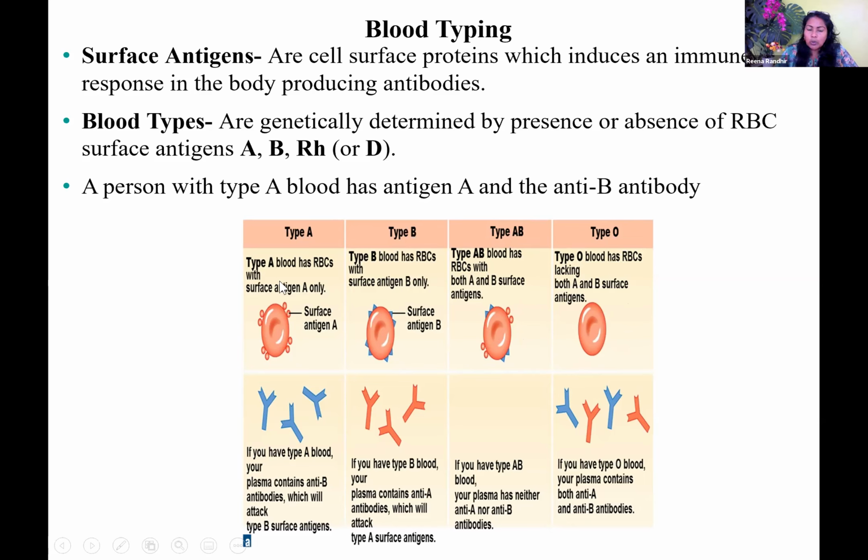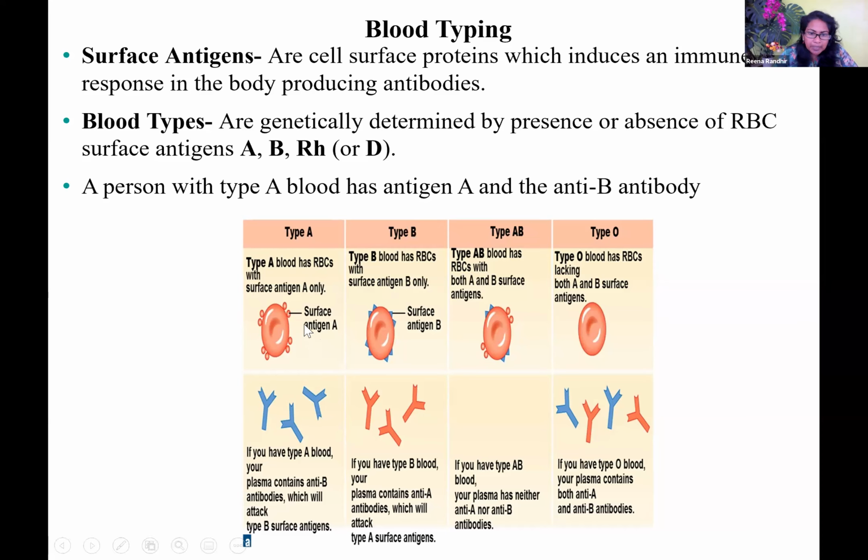So if you are blood type A, you will have B antibody. See, it's shown in B antibody. B will have A antibody. So that's why you can't give blood B to a person with type A. So during blood transfusions, you have to think about compatibility.